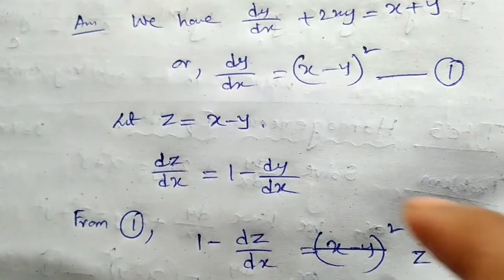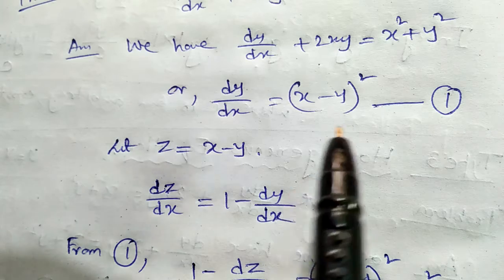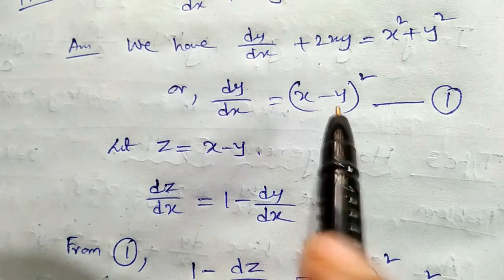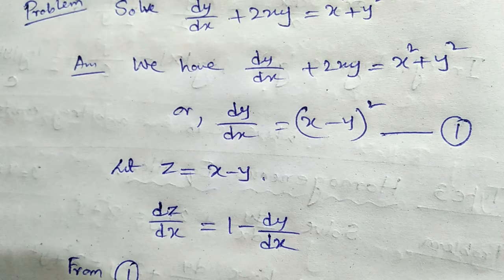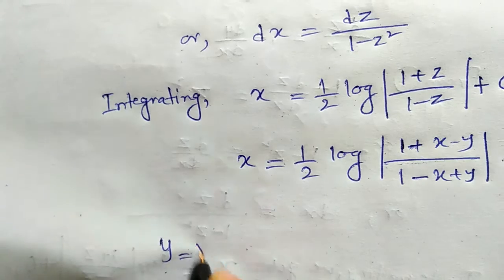So in case of homogeneous equations, basically we substitute values expressed in this manner, or somewhere we put y equal to vx.